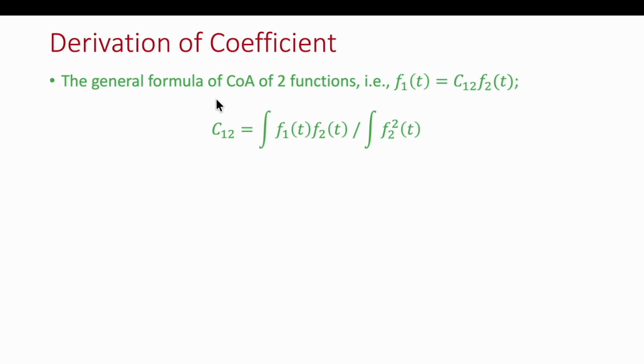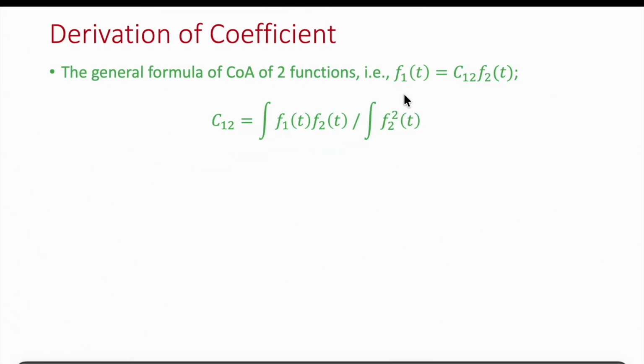The general formula of the coefficient of approximation for two given functions, for example f of 1 and f of 2, we have already explained in the previous lecture on Fourier series representation. We described these two functions and how to represent the first function in terms of the second function, for which we need the coefficient of approximation.